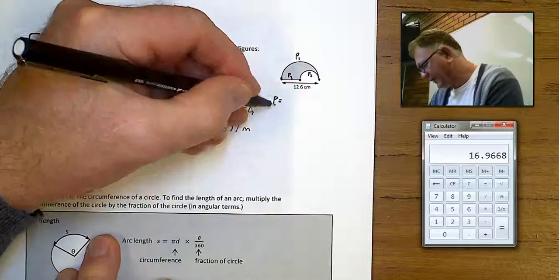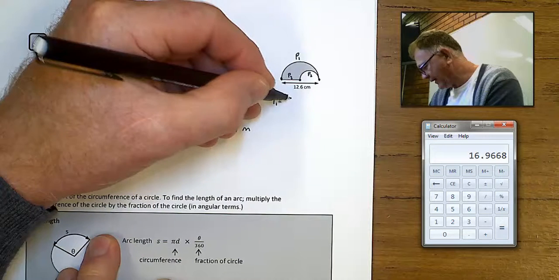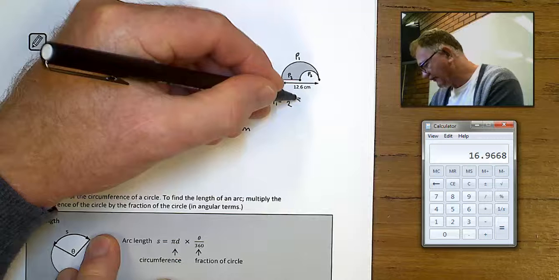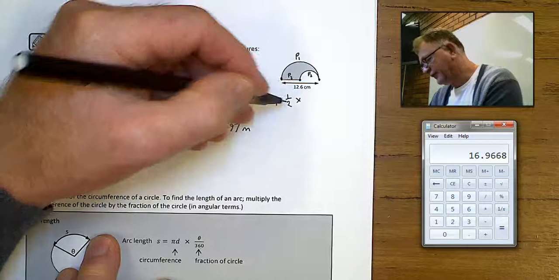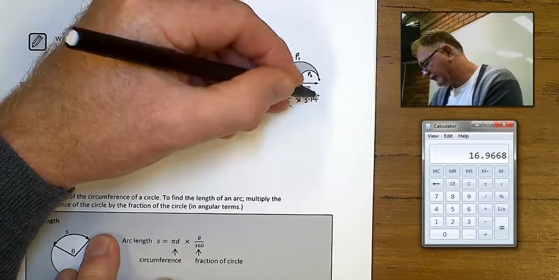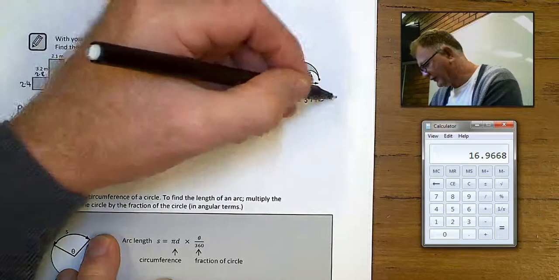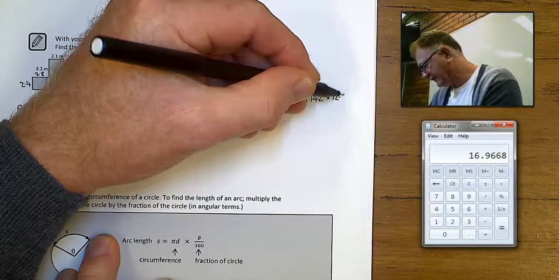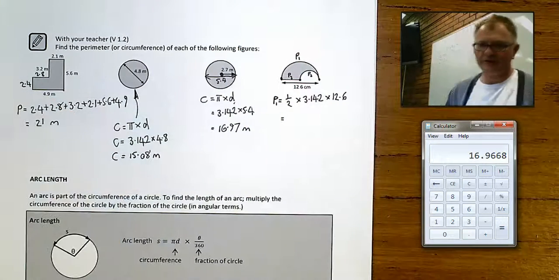So P number 1 is going to equal 1/2 of the distance all the way around the circle, half times 3.142 times the diameter 12.6. I can do that on my calculator.